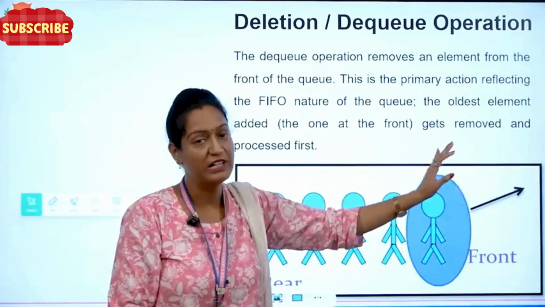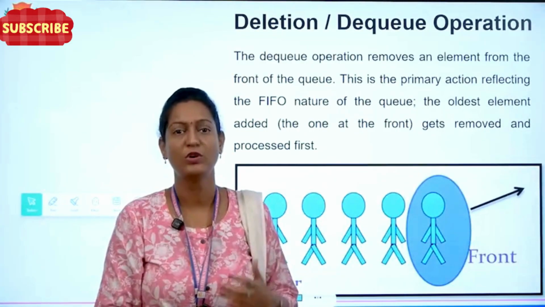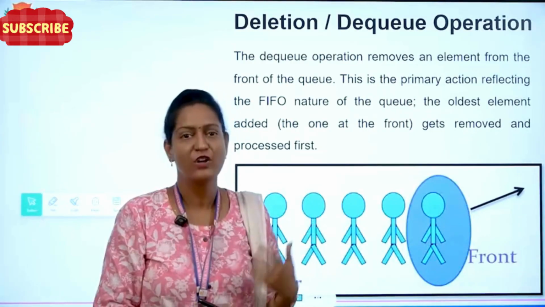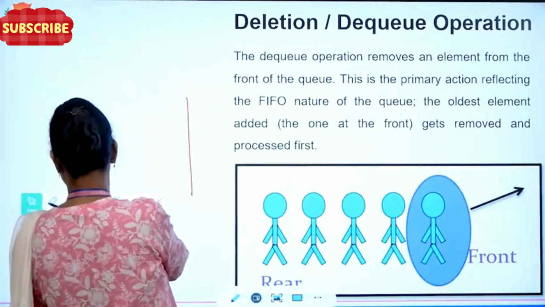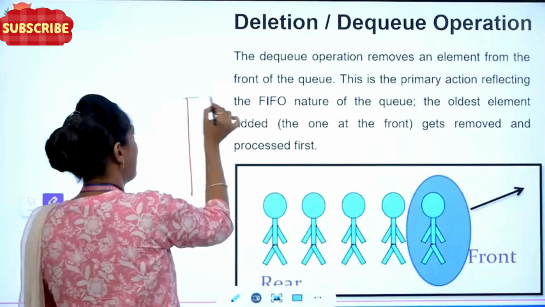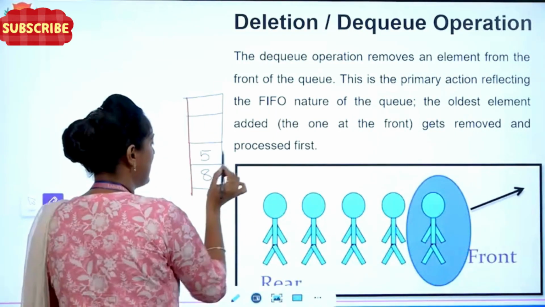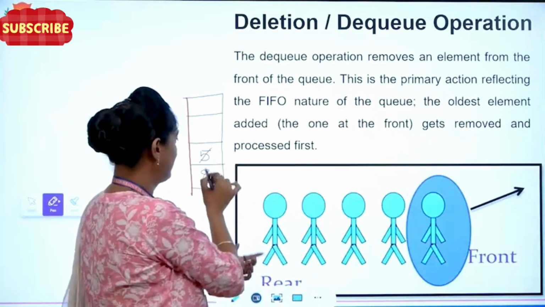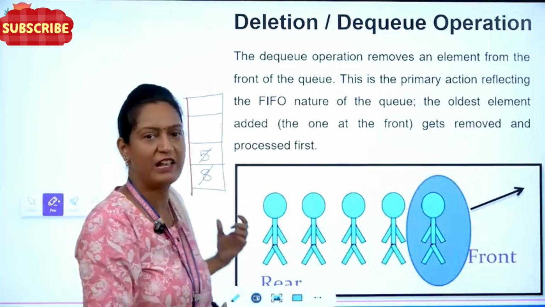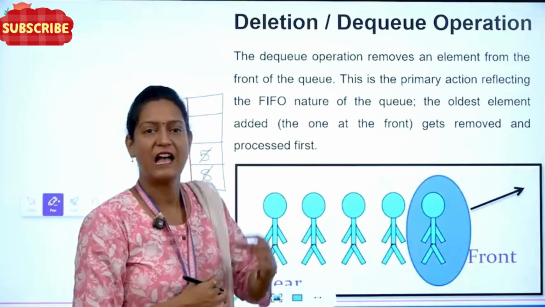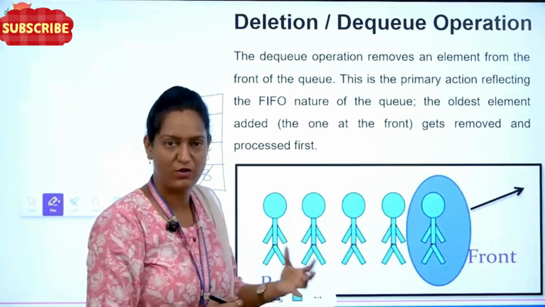Whenever we are talking about deletion, again we have to check whether any element is remaining to delete in the queue or not. For an example, I have a queue and I have certain elements in it, maybe 5 and 8, and I want to delete them. I delete 5, I delete 8. Now again, if I want to apply a delete operation and I do not have any element to delete, so firstly I have to check whether my queue is empty or not, right?